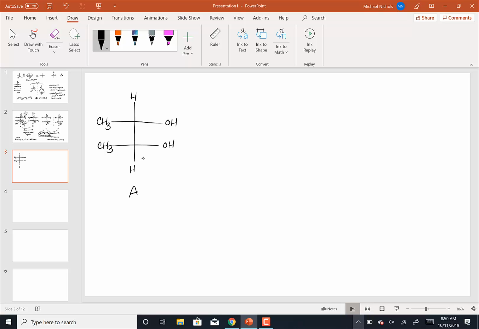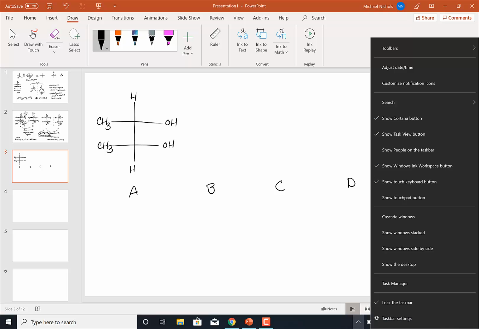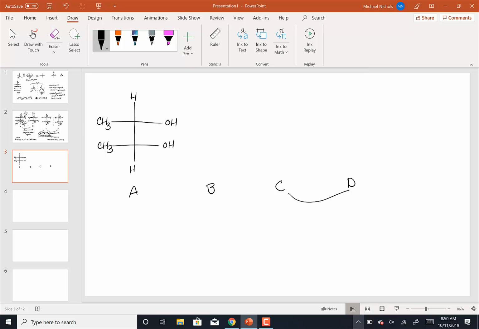So you're going to write the mirror image of A as B, then you're going to write the diastereomer of A as C, and then you're going to write the enantiomer of C as D. So these 2 will be enantiomers, and these 2 will be enantiomers, and all the other sets are going to be diastereomers. But I want you to tell me if there are any molecules that are superimposable.